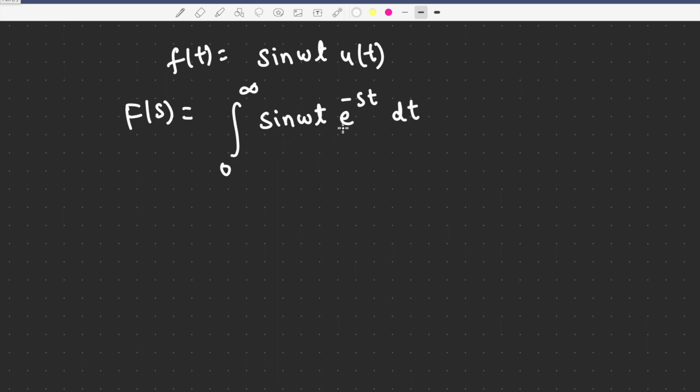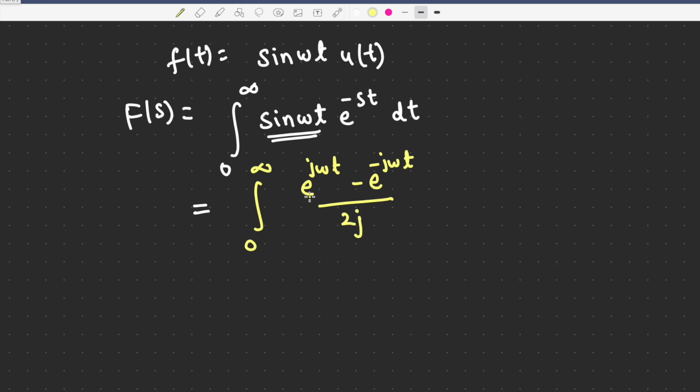As we know the conversion of sin omega t in the form of e to the power j theta, Euler's form, sin omega t can be written as e to the power j omega t minus e to the power minus j omega t divided by 2j, multiplied by e to the power minus st dt.